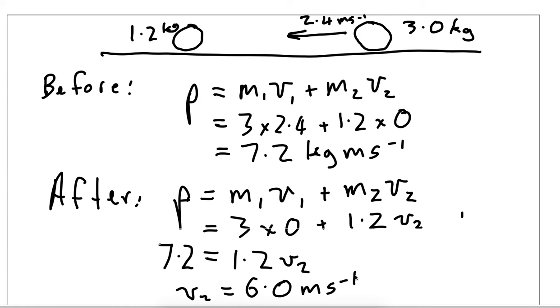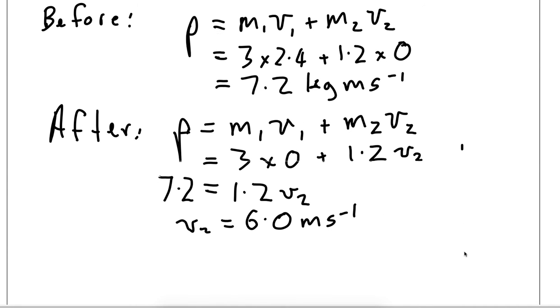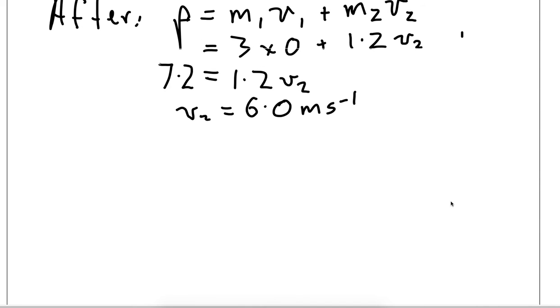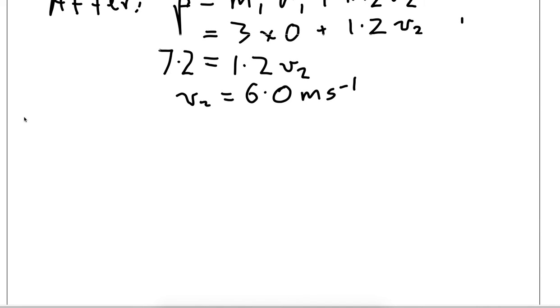The 1.2 kilogram ball moves off at 6 meters per second. Now what we haven't done is be careful about our direction, but right to left we put in as a positive, so right to left is going to continue to be our positive direction. So it moves off at 6 right to left, in other words toward the left of the page in our diagram. Okay, so that was the relatively easy one where lots of stuff went to 0, so we didn't have to deal with slightly more complicated things.